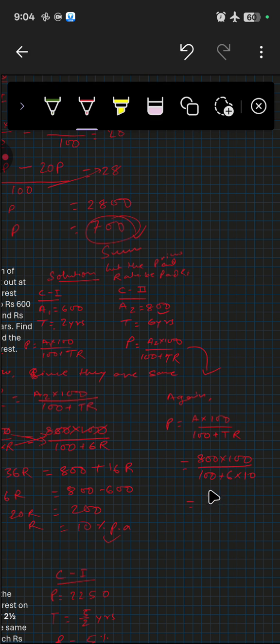I'll get the principal. 800 into 100 divided by 100 plus 60, that is 160. After dividing we will get 16 5s are 80, 500. So the principal was rupees 500.